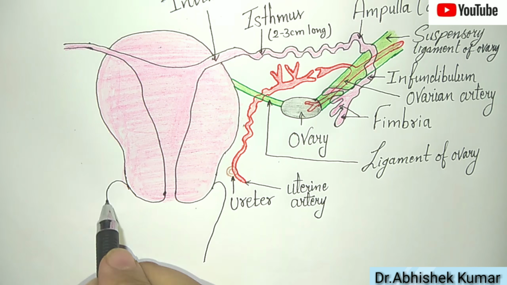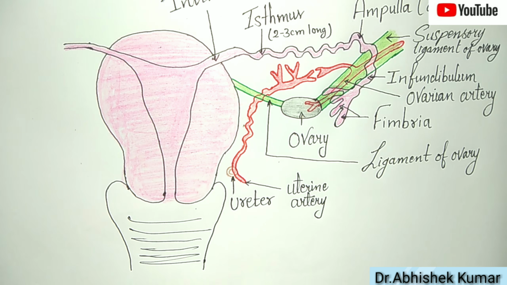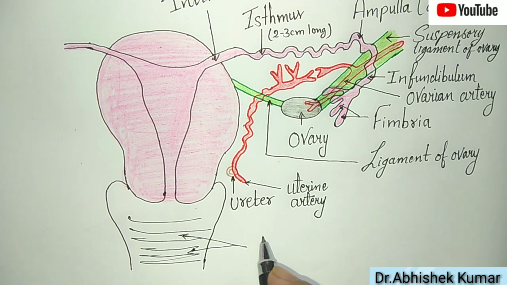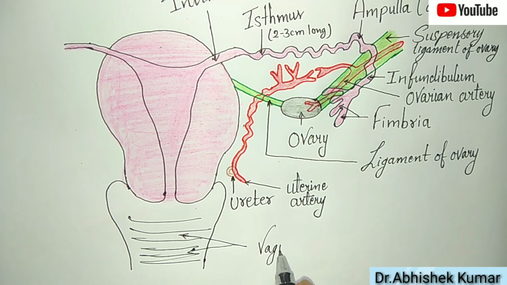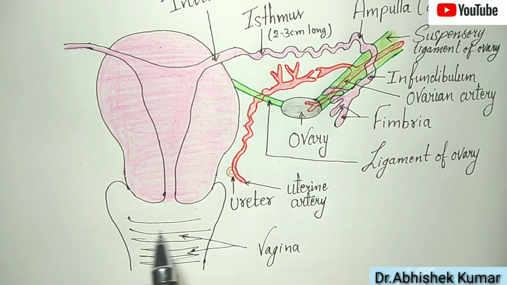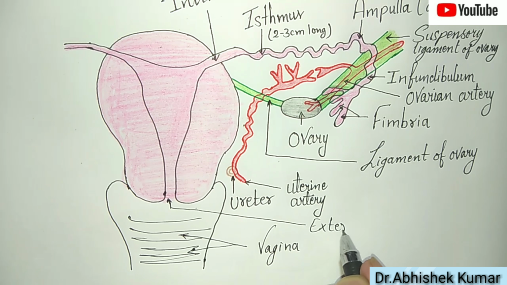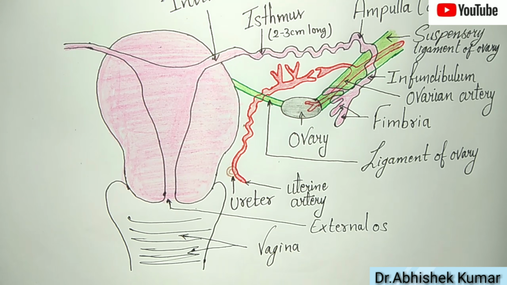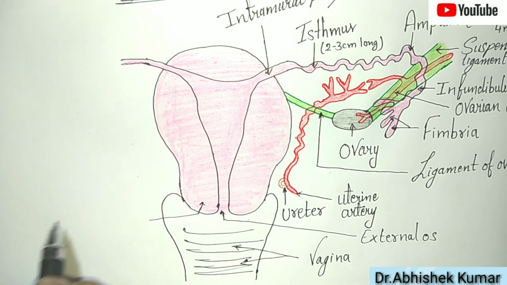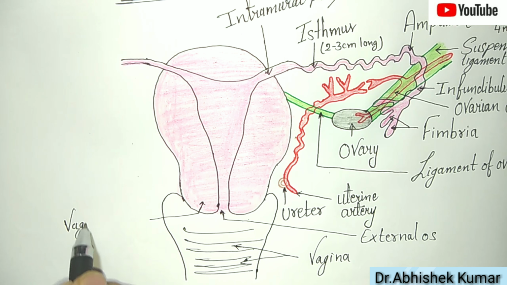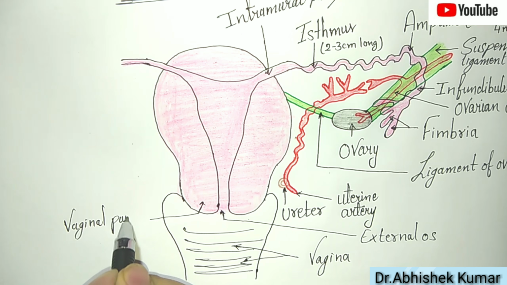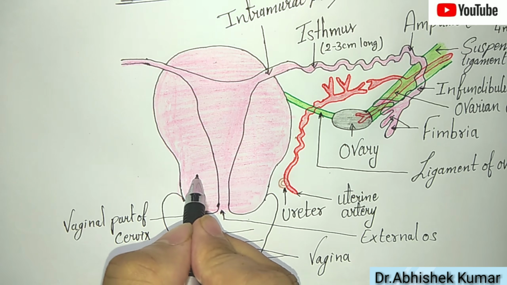Now we will make one other structure. This structure is called the vagina, and this one is the external os. This one is the vaginal part of the cervix.